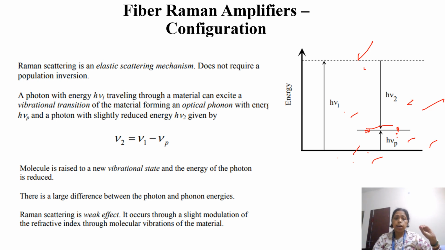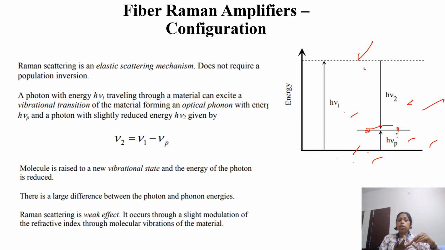That means the scattered wavelength is different from the incident wavelength. This is called scattering, which does not totally depend on population inversion. When you give the pumping, first it goes from the ground state to the upper state. After that, from the upper state it comes to the vibrational energy state, and it provides light scattering.